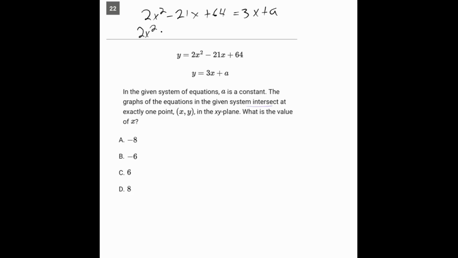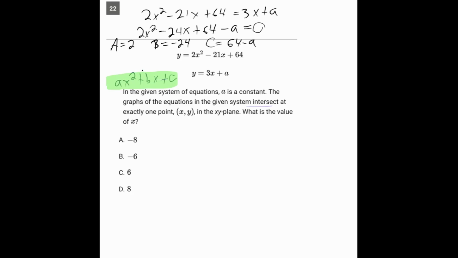So 2x squared minus 24x plus 64 minus a equals 0. So right now, if a quadratic is in the format of ax squared plus bx plus c as more of a standard equation, then for us, our a equals 2, our b is negative 24, and our c is surprisingly 64 minus a. C is everything that doesn't have an x attached to it.